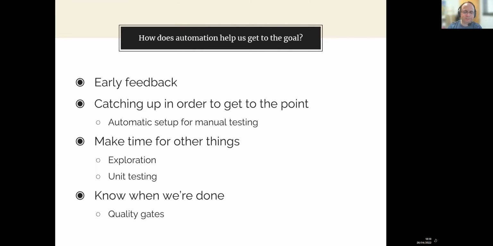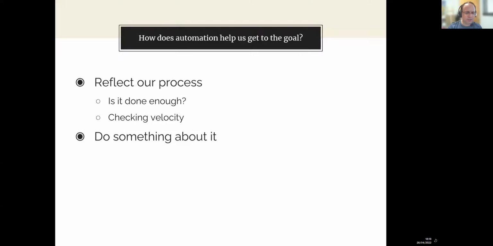Now, if you look at the tools that we have and when we're automating stuff, that means that we can actually check if our process is working or not, because automation should reflect the way we work. It's not supposed to be conflicting with the way we want to work. Sometimes it does.